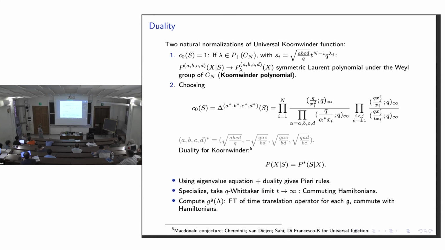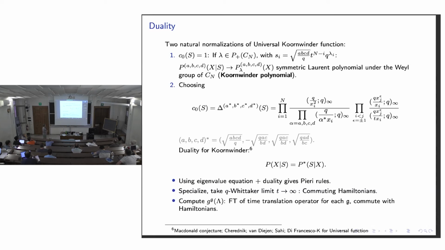So again, you have two normalizations for Koornwinder universal solutions, and the second one is self-dual. And self-dual here, the parameters A, B, C, D have some dual, A star, B star, etc. And that's responsible for the root system going to the Langlands dual root system.